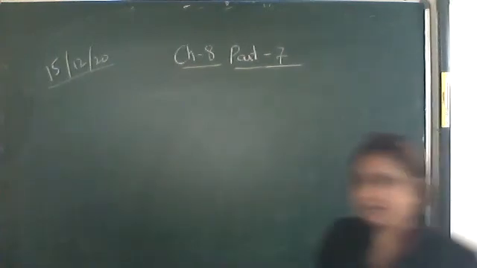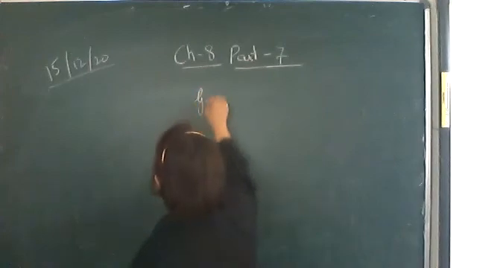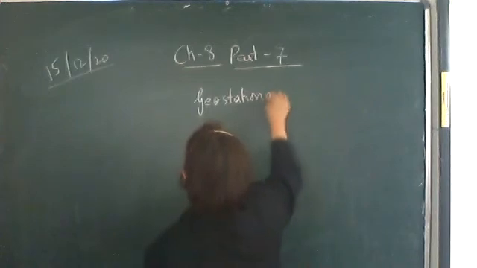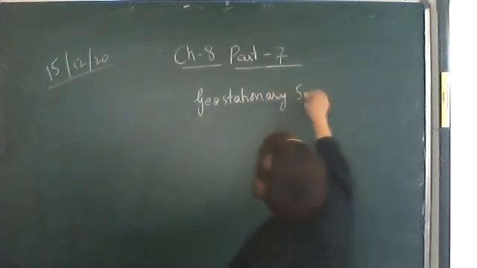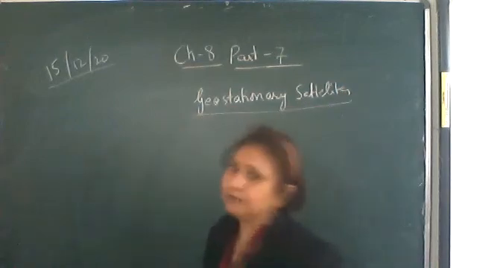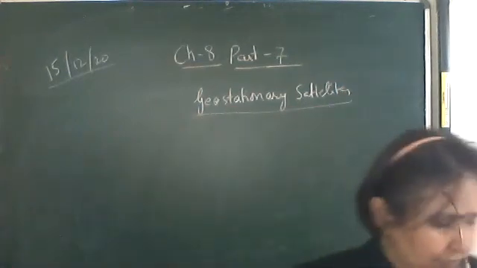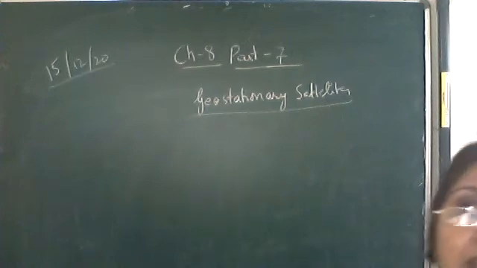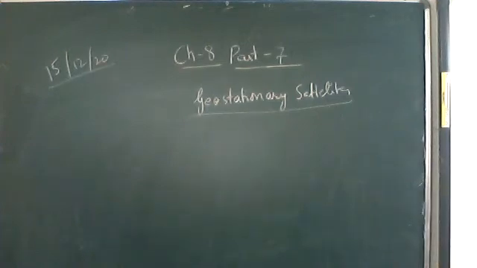Write down: a satellite which appears to be stationary from the Earth. The satellites which appear to be stationary from the Earth are called geostationary satellites.